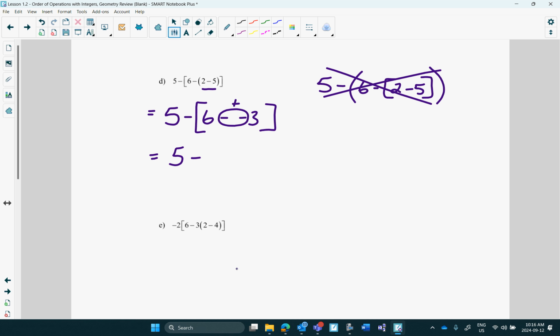So what do you get? 9. I don't need brackets around it because I'm not multiplying it by this, am I? I'm subtracting. I mean, if you put brackets around it, it's not going to make any difference. So I'm left with 5 minus -4. Good.